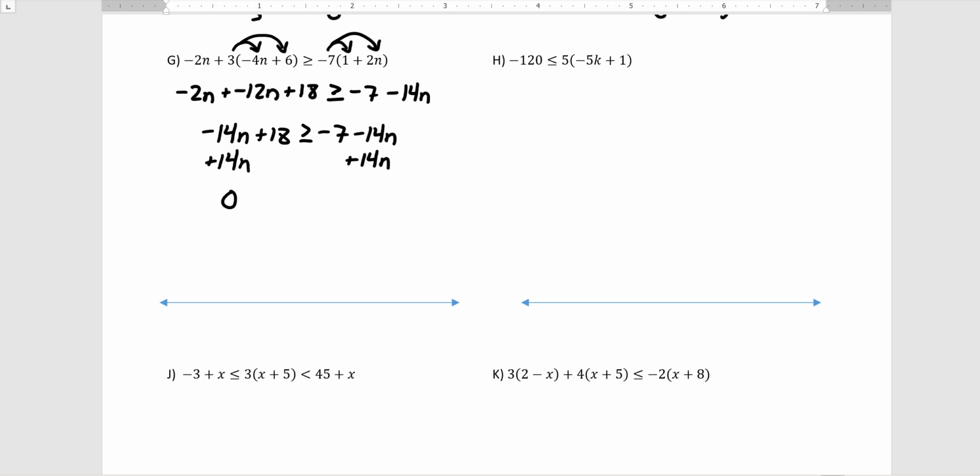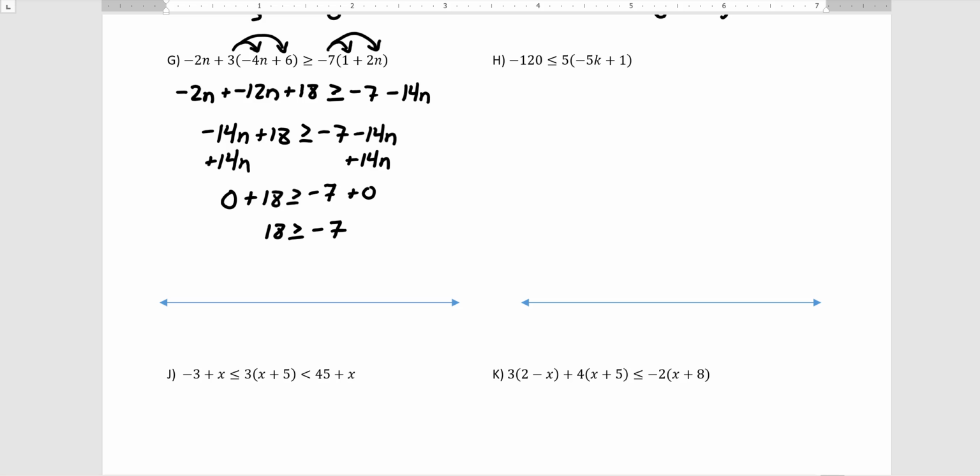So this will be 0 plus 18 is greater than or equal to -7 plus 0. That's 18 is greater than or equal to -7. My variable's gone. Interesting. What else have we worked with where our variable has gone, right? This is where we get into infinite solutions or no solutions.